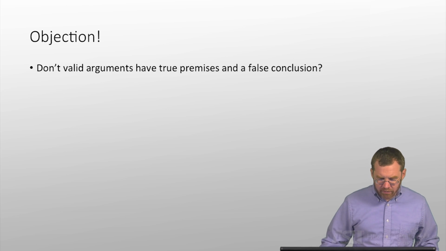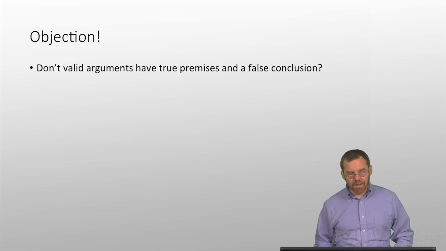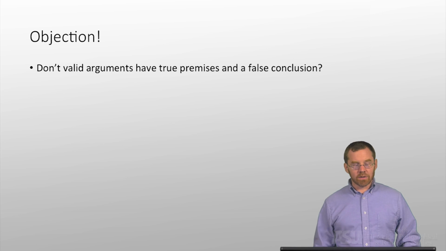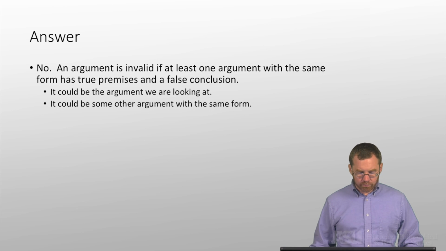Now, at this point, some people will give an objection. Wait a minute, don't invalid arguments have true premises and a false conclusion? The answer is no. Invalid arguments do not necessarily have true premises and a false conclusion. Why? For the following reason.